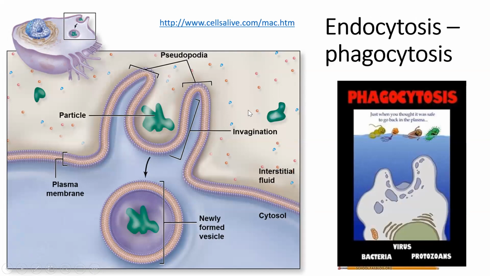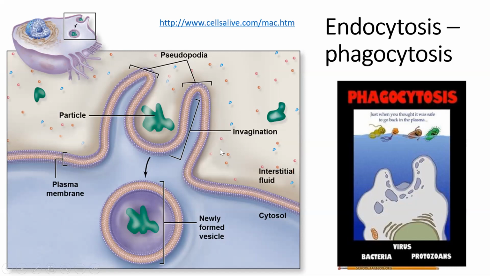A lot of your immune protective cells have the ability to undergo phagocytosis. The big one, which is shown here in this cartoon, okay, going after the bacteria or the protozoa or even the viruses, is Mr. Macrophage right here. So basically he acts like a Pac-Man.